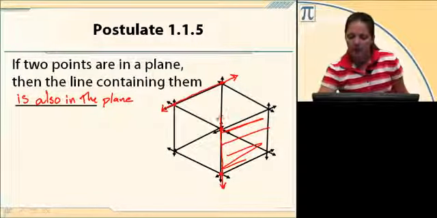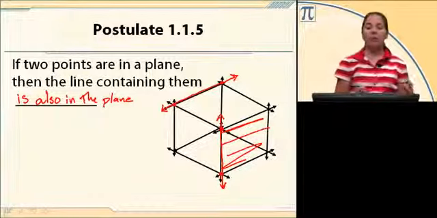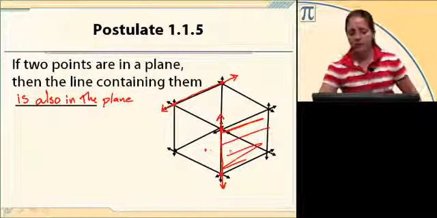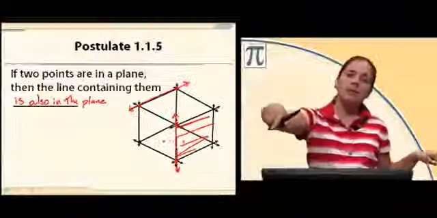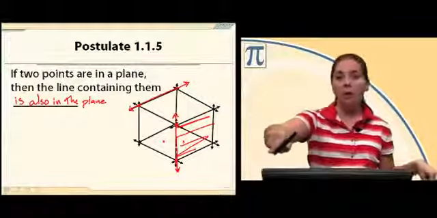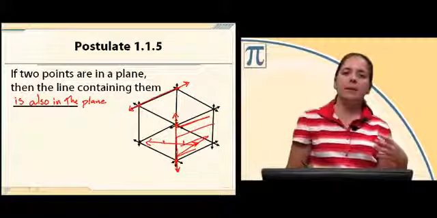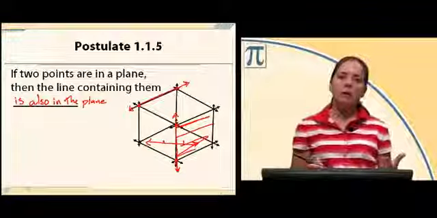The line containing them is also in that plane. So if you imagine 2 points on the floor, in the middle of the floor somewhere, and you draw the line to those 2 points, is that line also on the floor? Yeah, it's going to be. If you have 2 points in a plane, the line containing them is also in the plane.